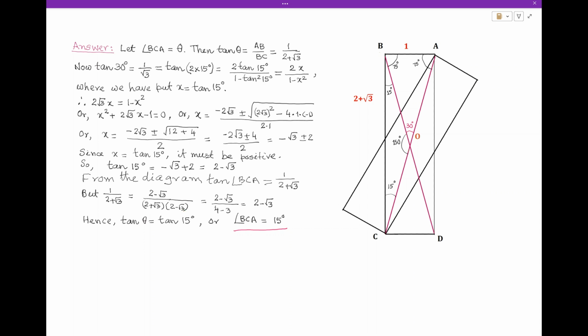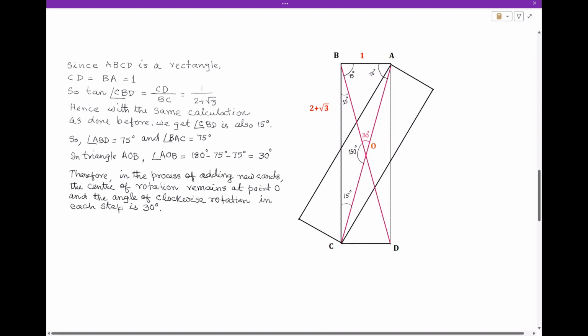The numerator becomes 2 minus square root of 3 and the denominator becomes 4 minus 3, which is 1. Therefore, 1 divided by 2 plus square root of 3 is equal to 2 minus square root of 3. Therefore, tan theta is tan 15 degree, so angle BCA is equal to 15 degree.